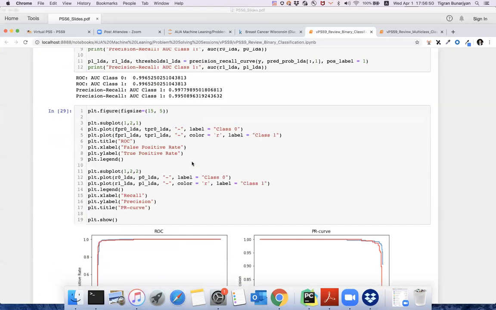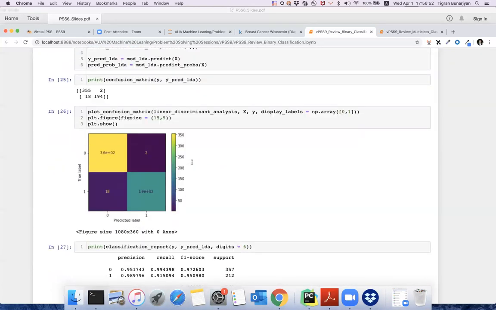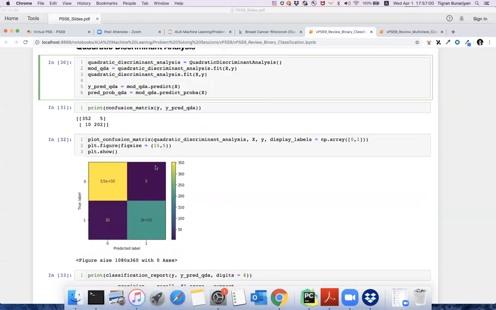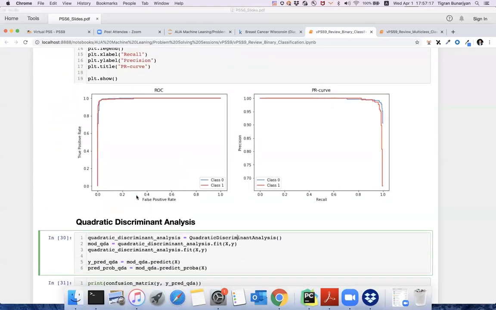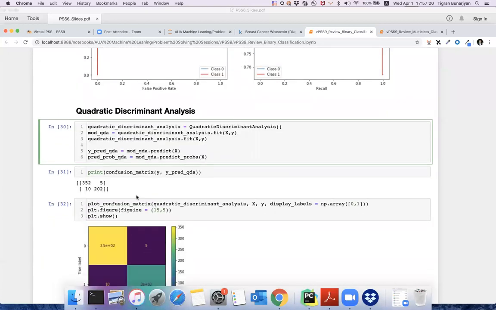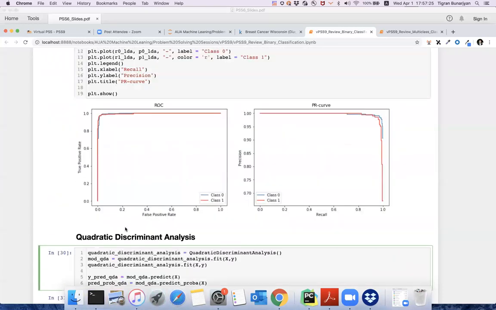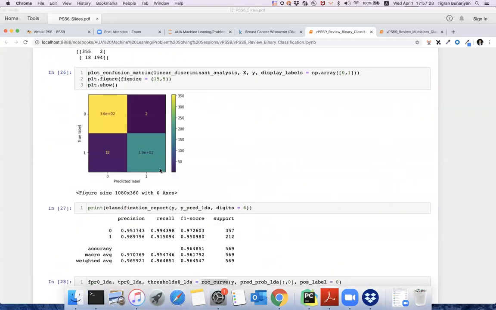Comparing to the LDA model, here we have 2 and 18, and here we have 5 and 10, and we see that the distance of this confusion matrix from the one in the LR is smaller than the distance of this matrix to the one provided by the LDA.